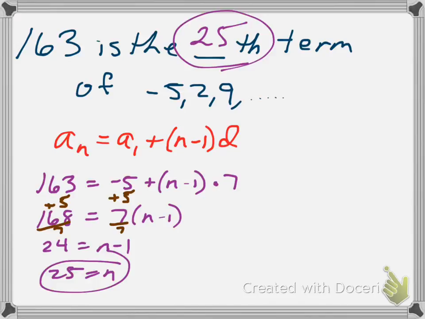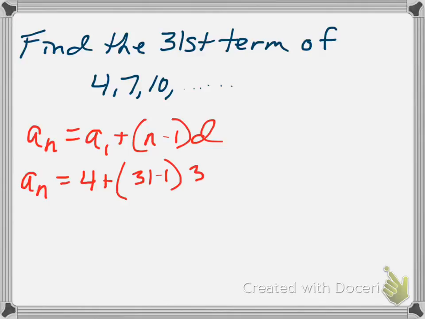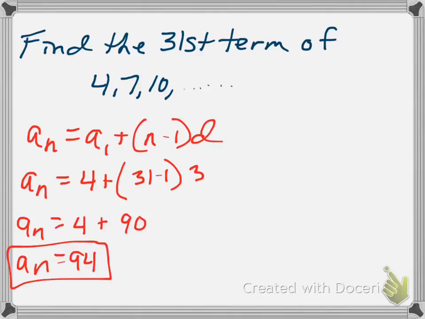Add 1. 25th term. Okay. Any questions on that one? 94. Just putting the numbers into the formula, looking for the 31st term, get 94.